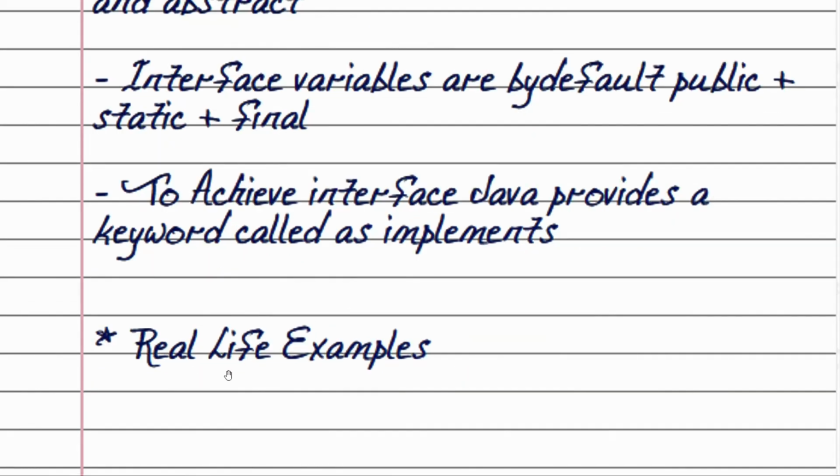So let's see a real life example. Imagine you are creating a remote control for different TVs. All the remotes should have the power button, the volume controls, and the channel controls.